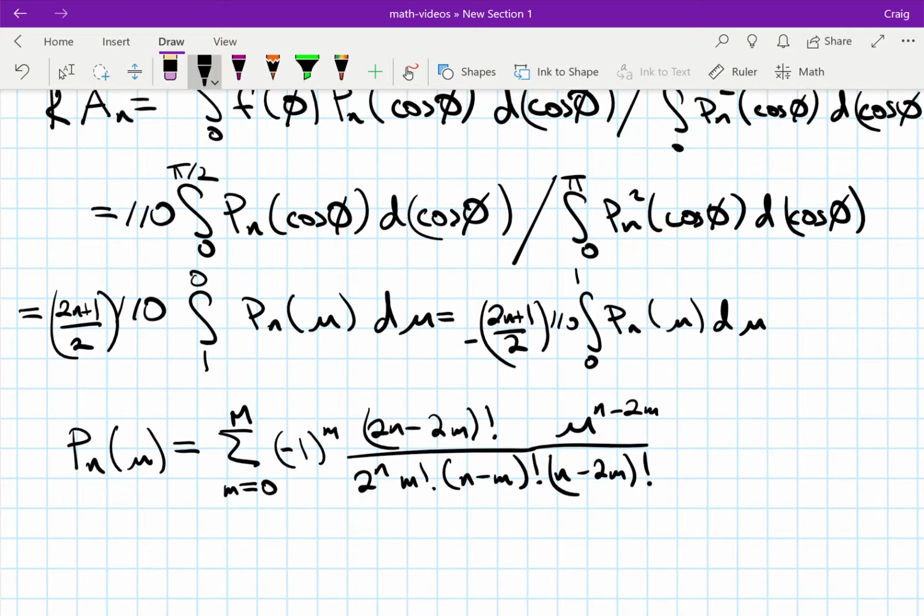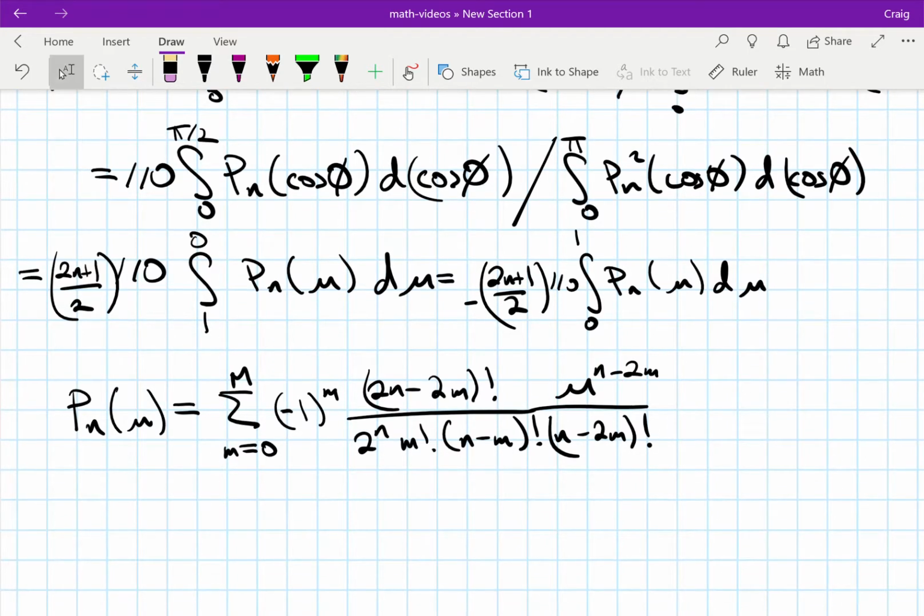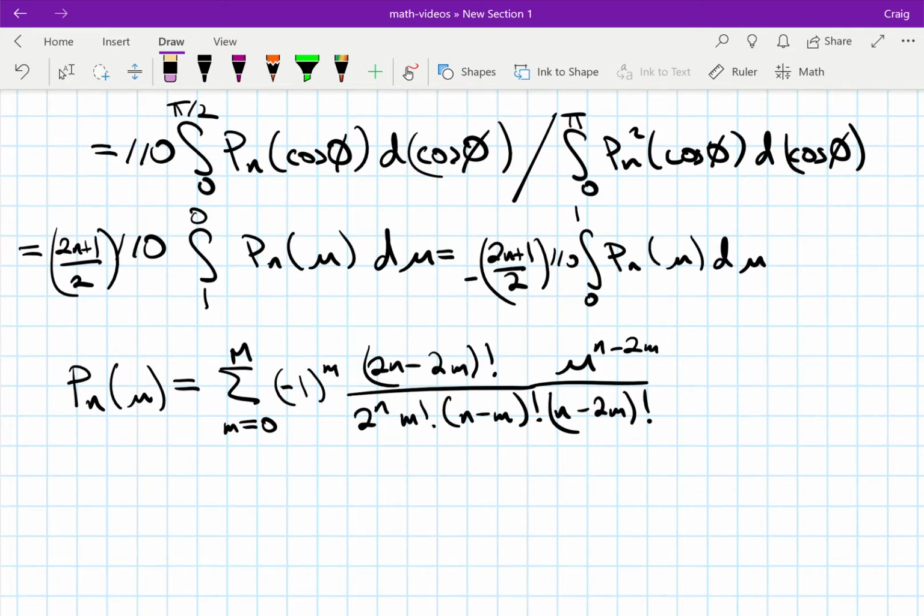It's a polynomial in the variable mu, and we can look that up from chapter 4. We did not have sufficient time to talk about that precise form this semester, but take it for what it is, and we can use it to get an answer here. So I need to integrate this thing from 0 to 1. If I integrate from 0 to 1, I can interchange the limits of summation and integration.